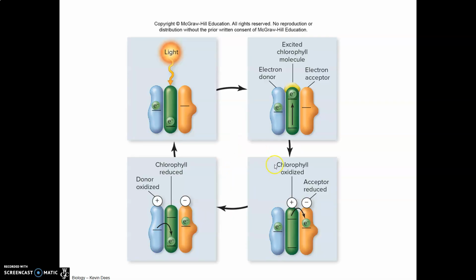Now let's look at how this occurs on the chloroplast's membranes. Here's our photon of light, and you can see that as it's absorbed by this molecule of chlorophyll, the chlorophyll molecule gets excited.